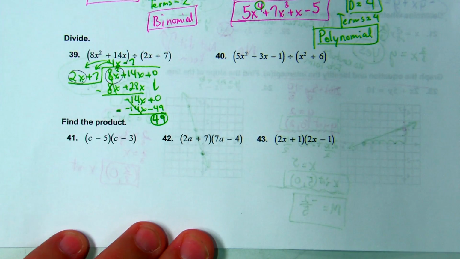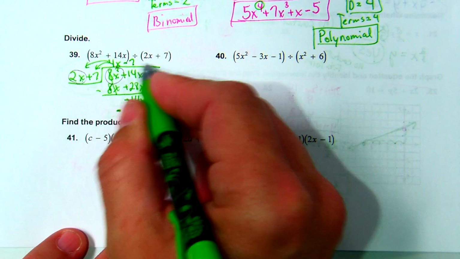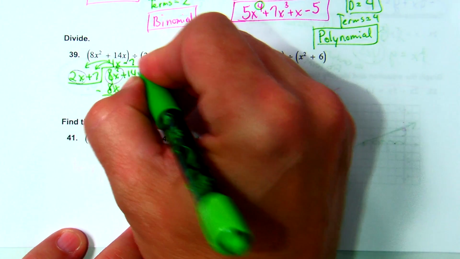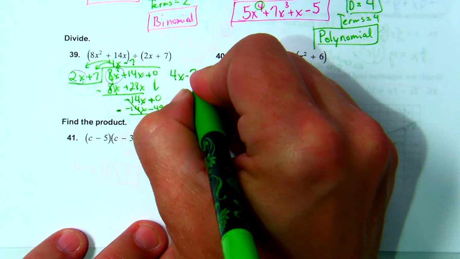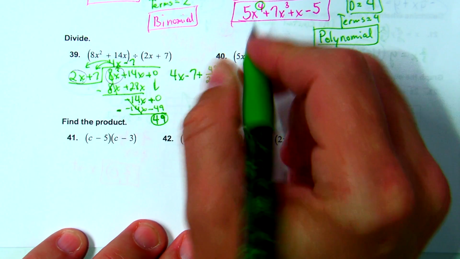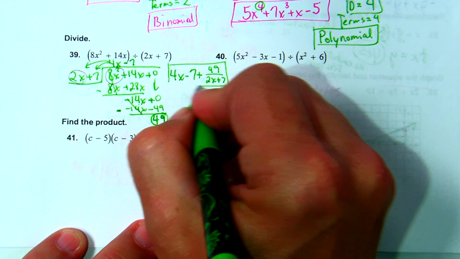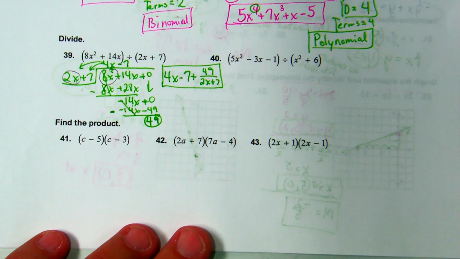And remember, when we have remainders, we just have to put them over this divisor here, 2x plus 7. So my resulting answer is going to be 4x minus 7 plus 49 over 2x plus 7. Okay? So that should be my answer on number 39.